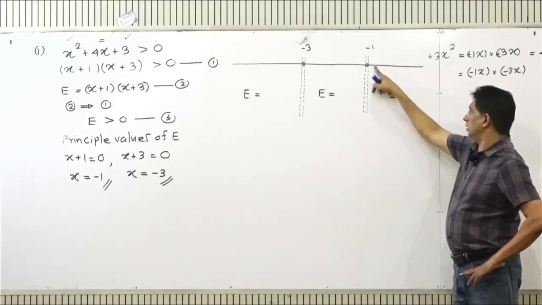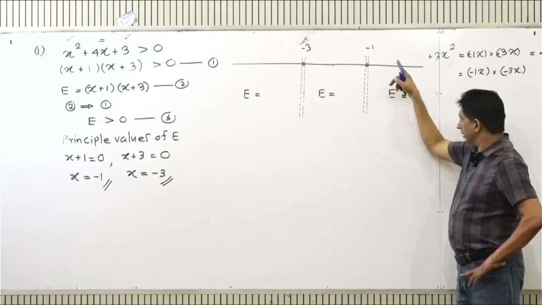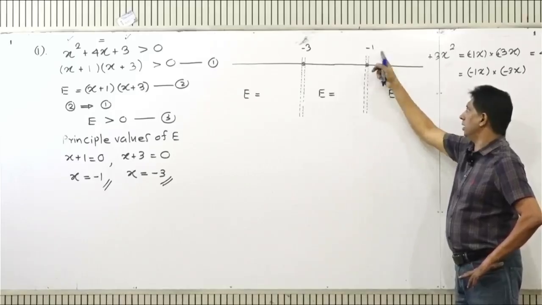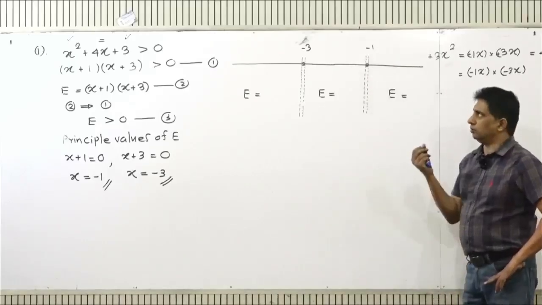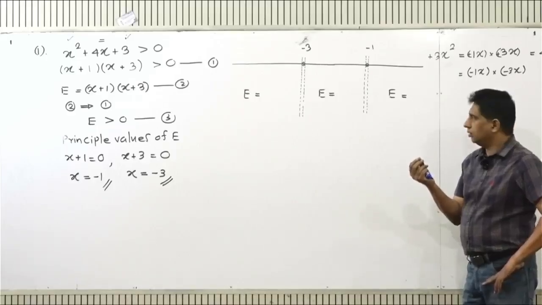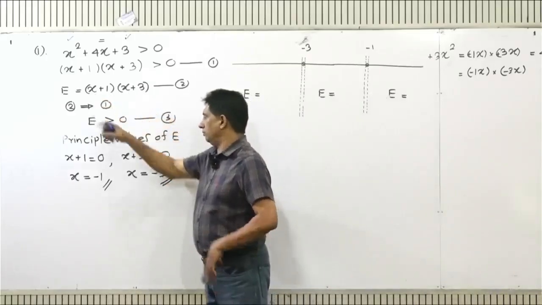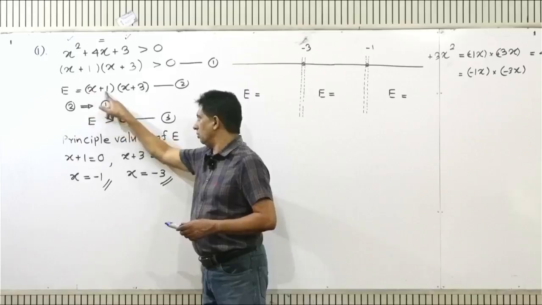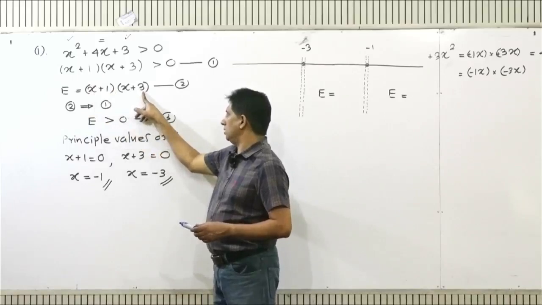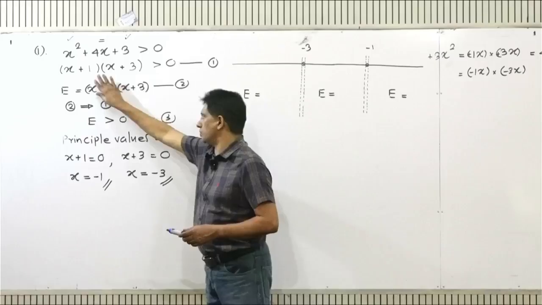In this area, if we take any point on this straight line, that point denotes a real number greater than minus 1. Now we have to imagine any value greater than minus 1. Let's take 0. Now we substitute 0 for x. 0 plus 1 means 1, this is positive. 0 plus 3 means positive 3, so this is positive. Positive times positive means positive.